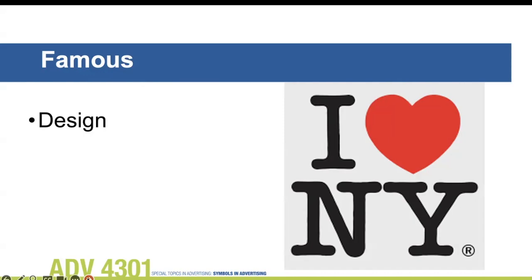I don't want any articles or anything like that. I just want photographs or images of this logo used in three different ways. So it could be I heart LBK or something like that, but I just want you to pick out three illustrations, three examples that you like, put them into a Word document and upload that to Canvas.